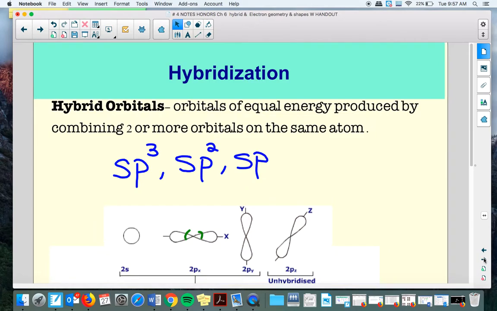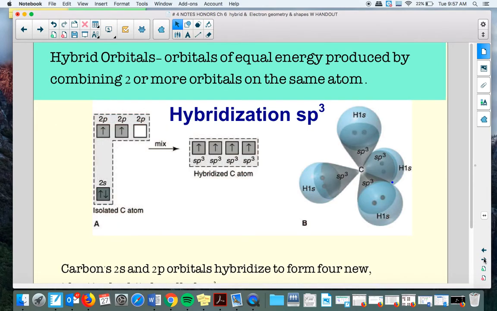So now there's something called hybridization, and I'm going to show you an example here. I think it is the most classic example. What happens when something is getting ready to bond is the electrons hybridize. So if you think about just a plain carbon atom over here, it would be 1s2, 2s2, 2p2.